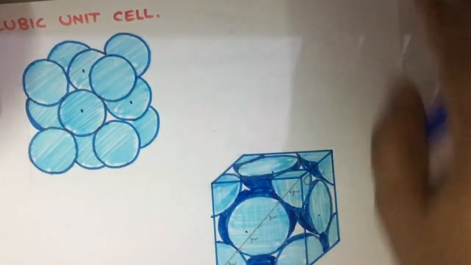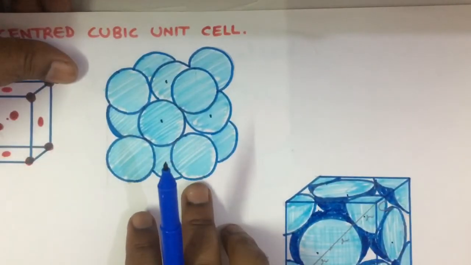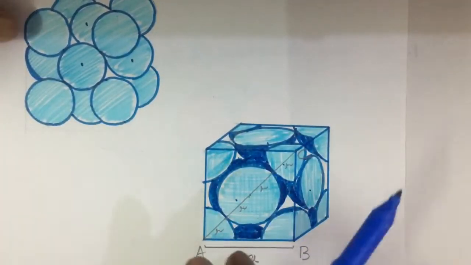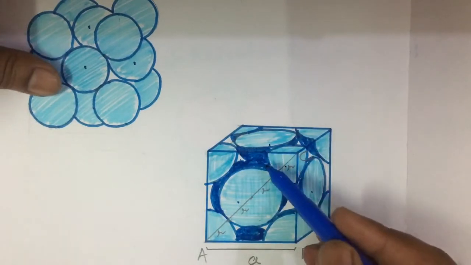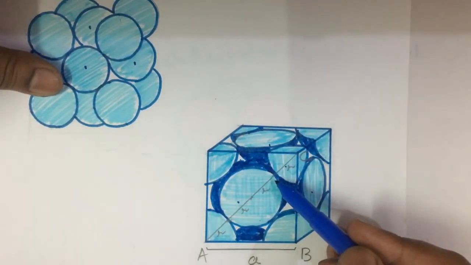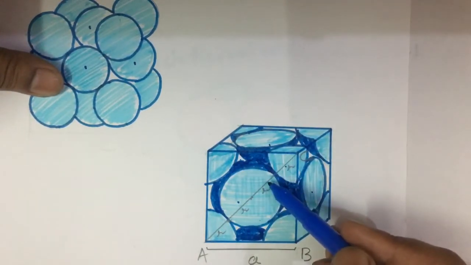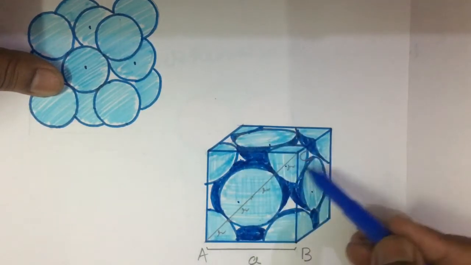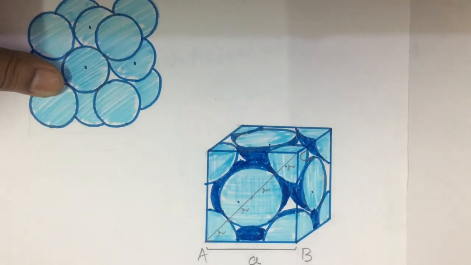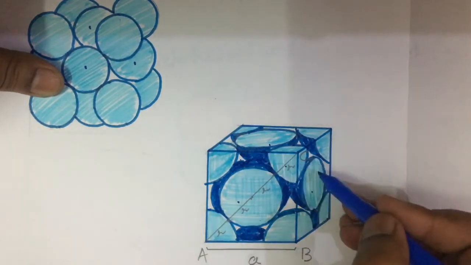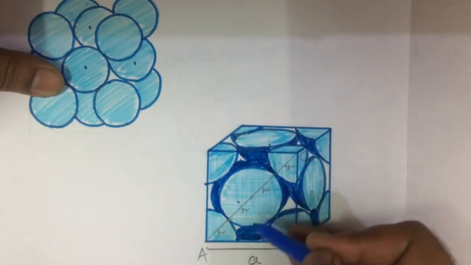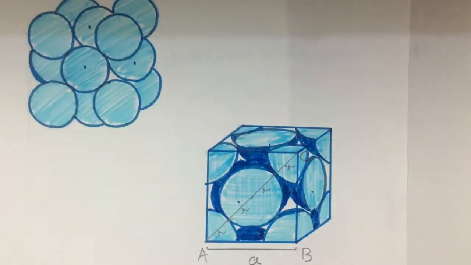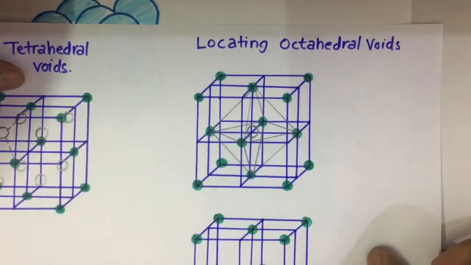Now this is a face centered unit cell. Now if you look at the center, in the center of the unit cell there is no sphere, it is vacant, and the vacancy is surrounded by 6 spheres which are at the center of each face. So there are 6 faces, 1, 2, 3, and the others are in the other directions. It can be represented in this diagram also.